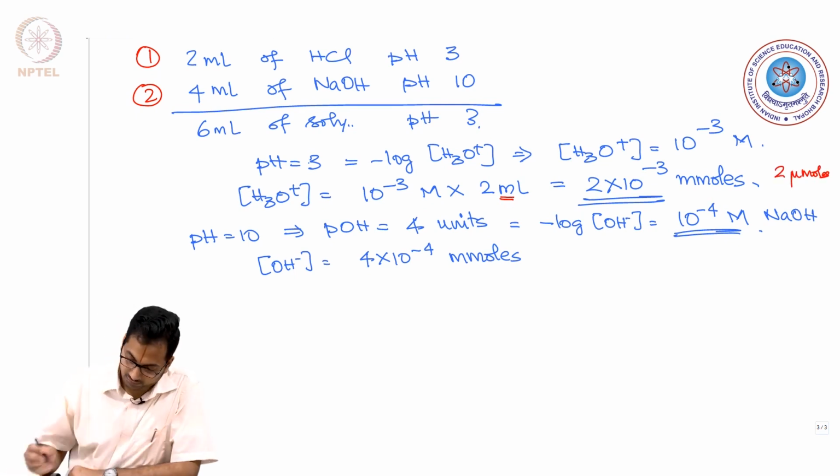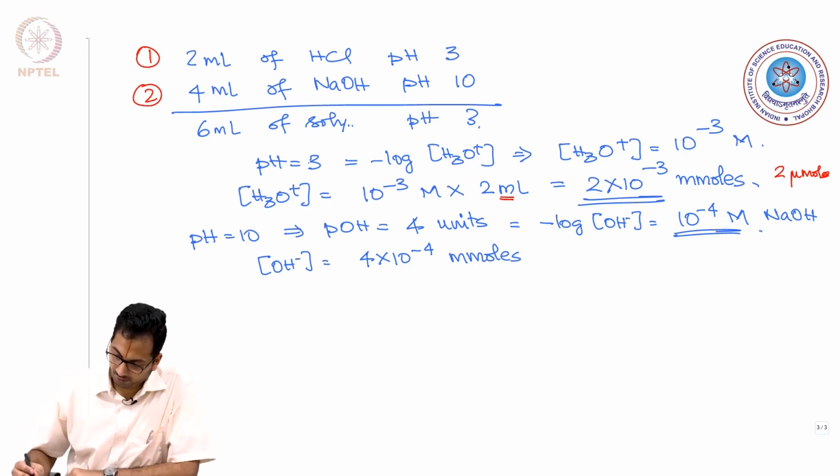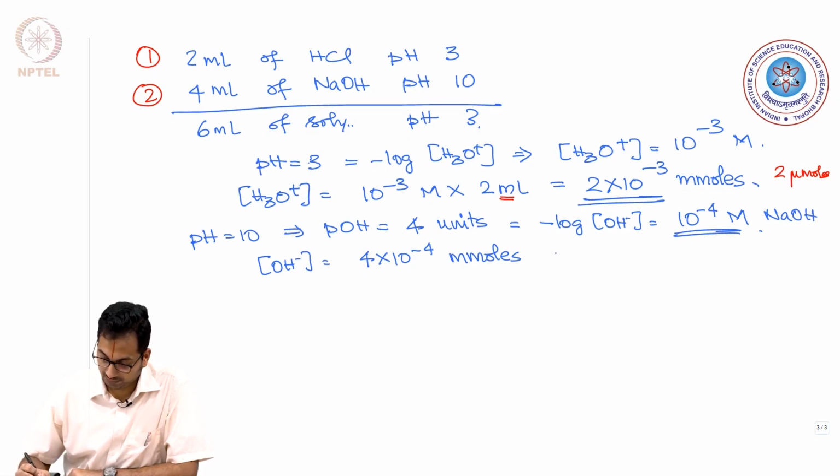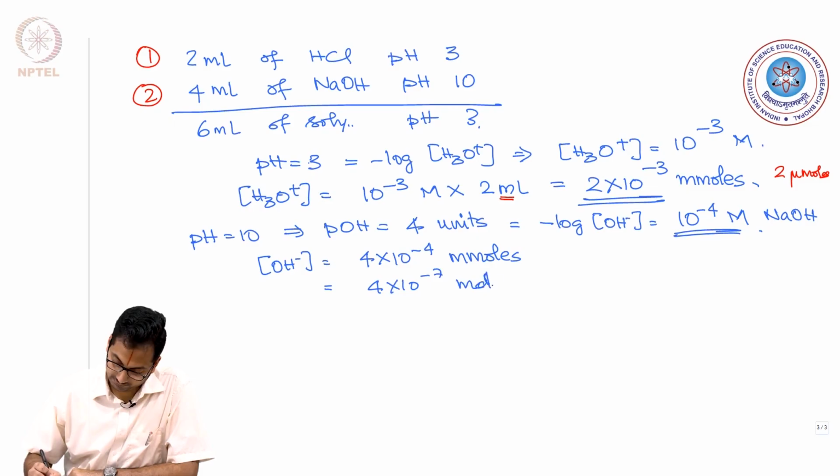So, now you have a given amount of H3O plus and given amount of OH minus ions that are present. Okay. So, this could be written as 4 into 10 to the power of minus 7 moles, which is 0.4 micromoles.